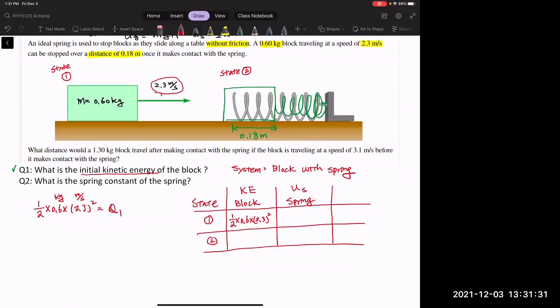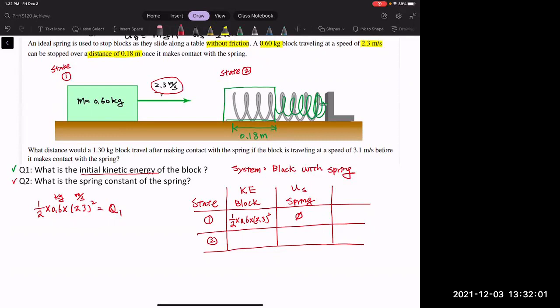The second question I ask is this: what is the spring constant of the spring? Because we want to find the spring energy. Now, what is the spring energy at the beginning, at state 1? It's 0, because at state 1, nothing touched the spring. The spring doesn't have any force acting on it, so there's no energy at all.